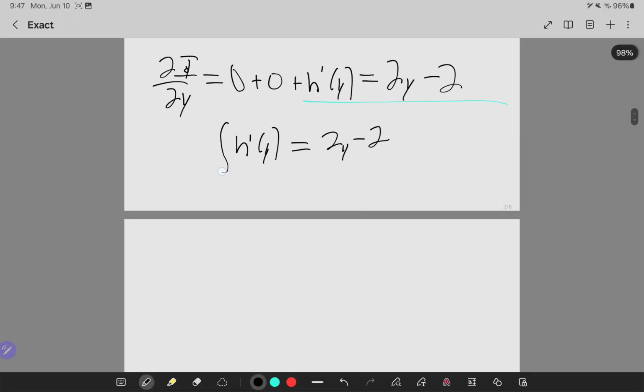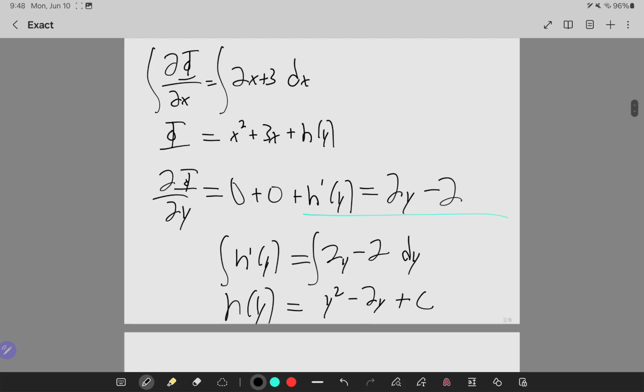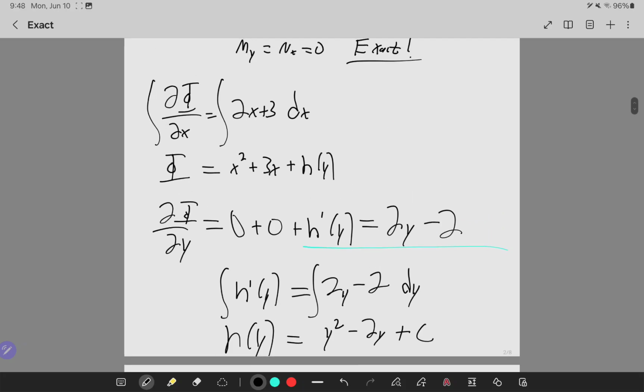Now we can integrate both sides, because we want to get h of y, not h prime of y. This is with respect to y, by the way. So h of y equals the integral of this with respect to y, which is y squared minus 2y plus c.